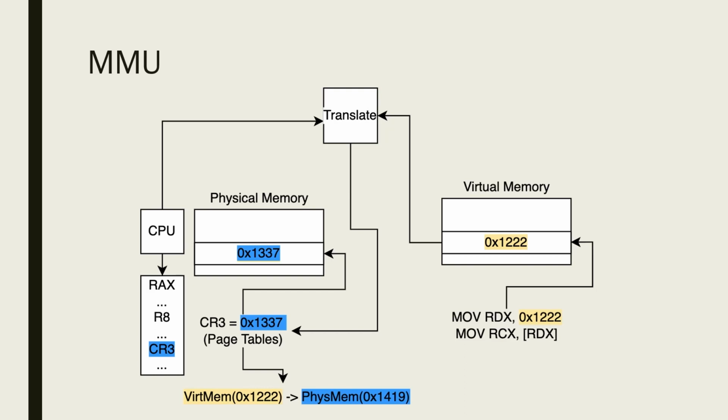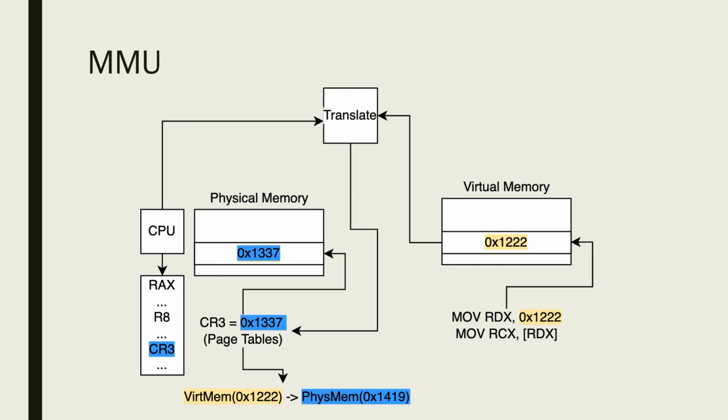So say there's a process that wants to read from address 0x20,000. Or I guess in this case, 0x1222. When my process goes to read from that address, it doesn't look up in actual RAM that 0x1222 address. Since virtual memory is enabled, the CPU will detect that I'm trying to access this address, and the CPU will translate it into physical memory.